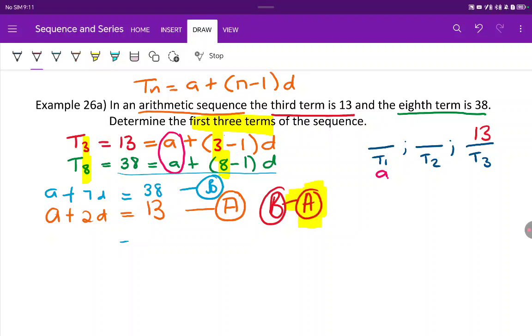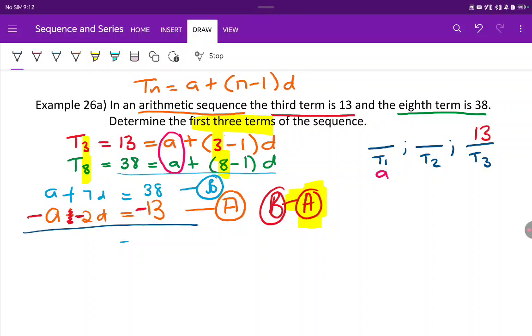So we are going to say minus a minus 2d minus 13. Change the sign for everything. We are literally distributing a negative sign into everything.